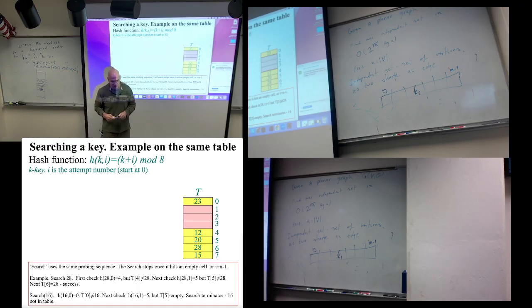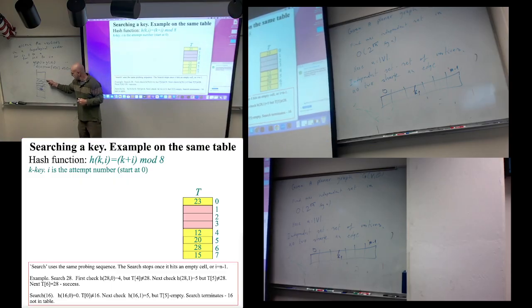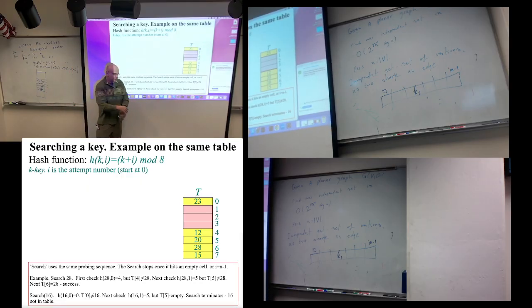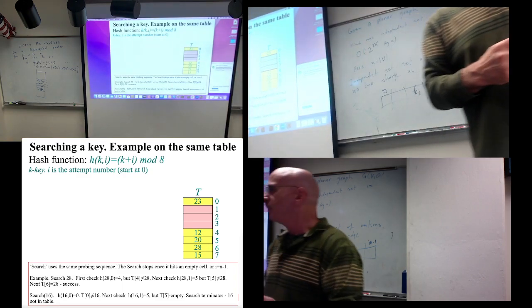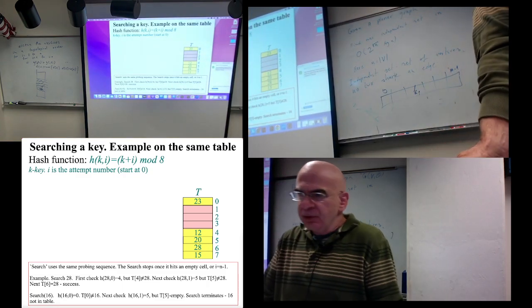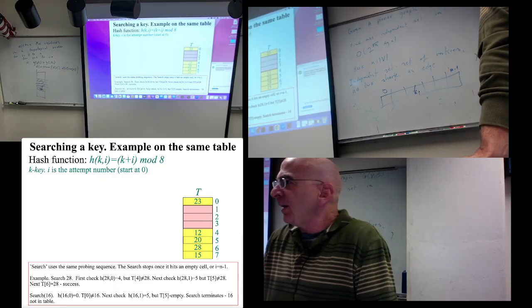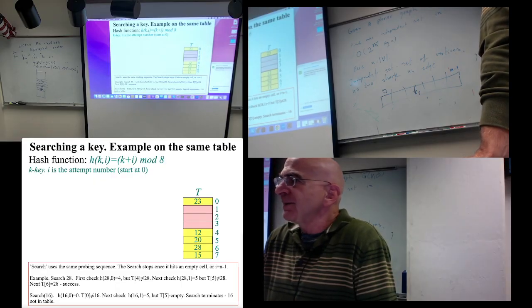Making it even worse. And now, what's the average time to search an element in the cluster? You pick an element, and then you start going down, down, down. You have to potentially go through all the elements in the cluster, on average half of them. So that was all bad-mouthing linear probing. So why does linear probing work in practice?